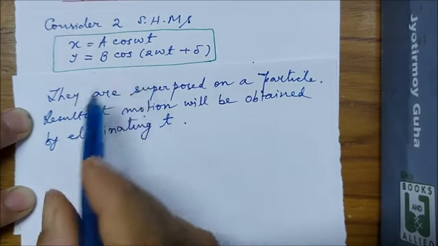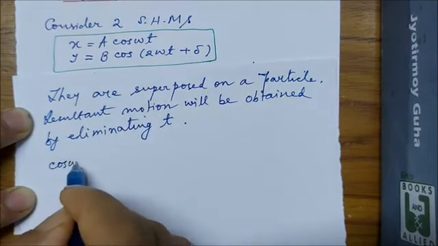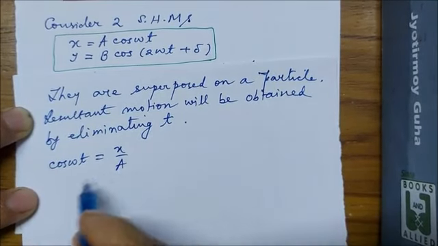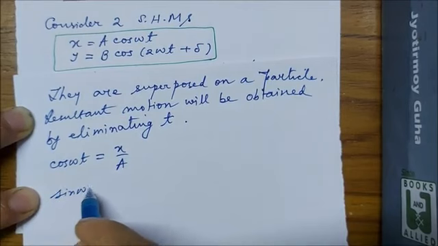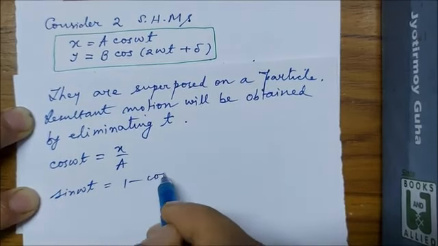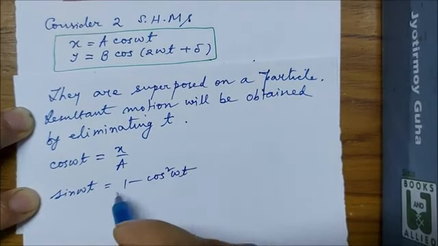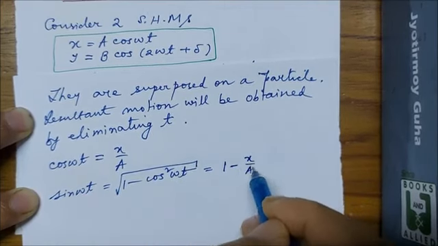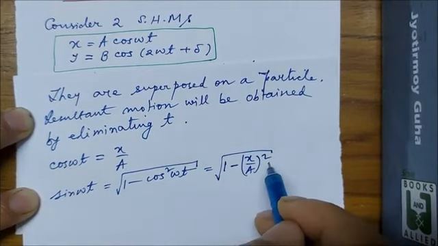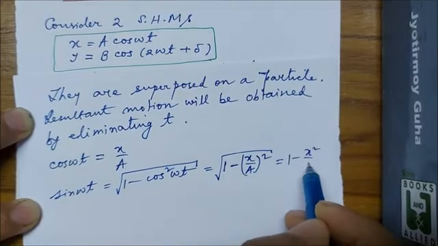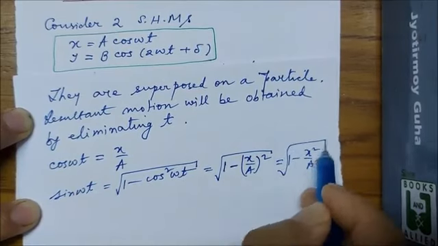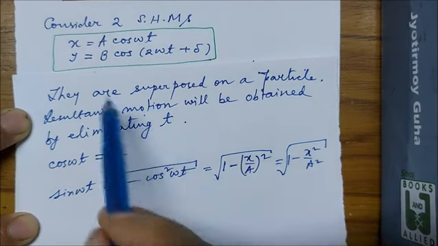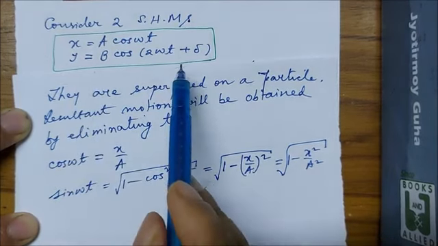From the first equation, we have cos omega t to be x by a, and the value of sin omega t is, as per the well-known formula, 1 minus x square by a square whole under root. We now consider the second motion, that of y.